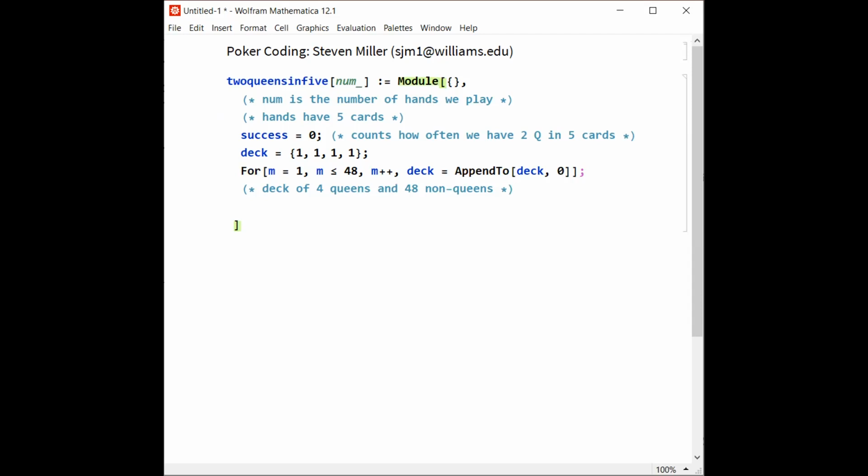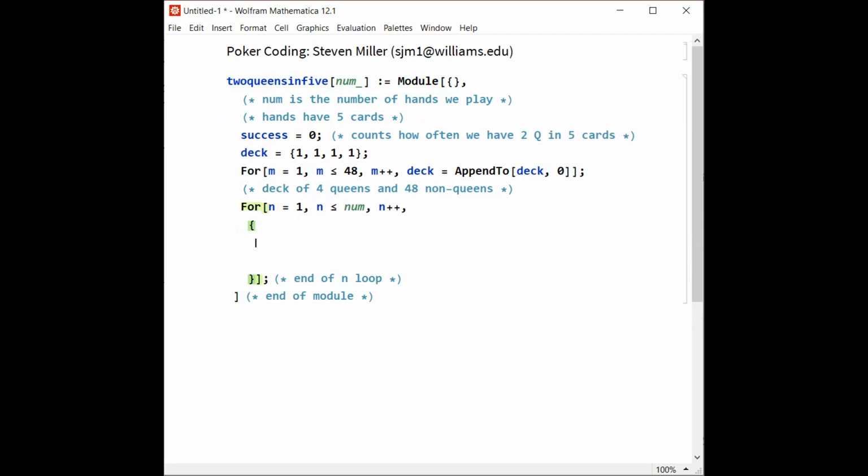All right, so now I want to do the main part of the program. So for n equals 1, n less than or equal to the number, n plus plus, now I have to choose 5 cards.